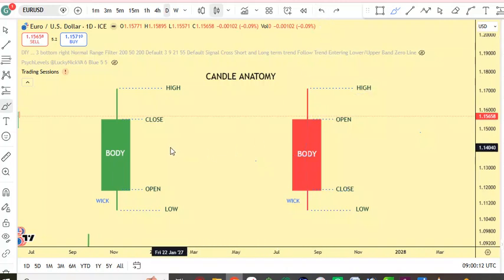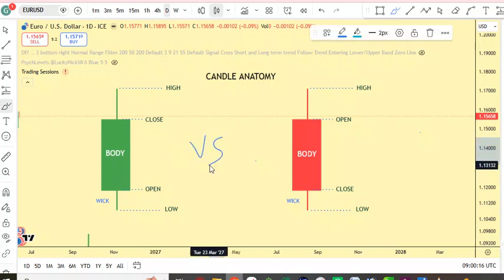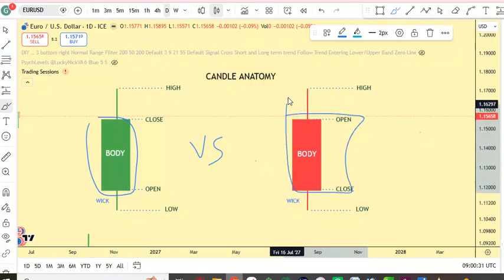But one may ask, what is the difference between the bullish candle and the bearish candle? This is the basic difference. The difference is found within the body of the two candles. How do I mean?